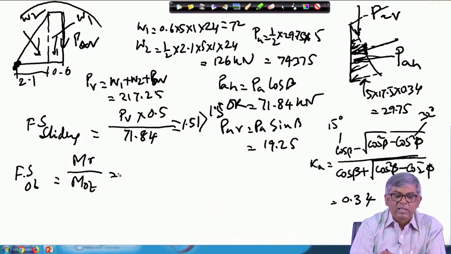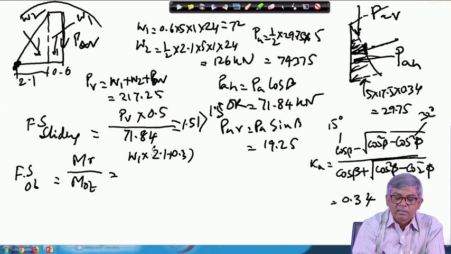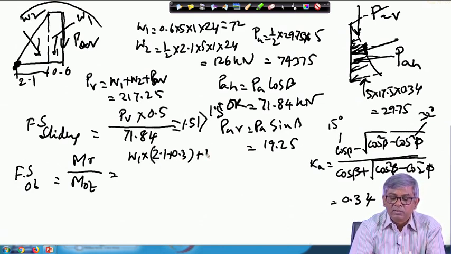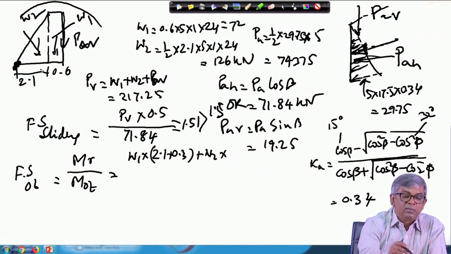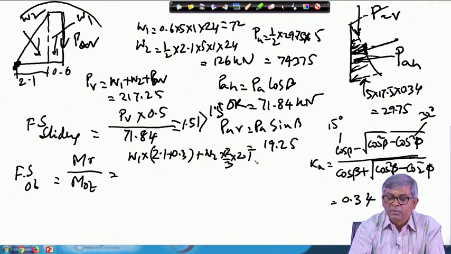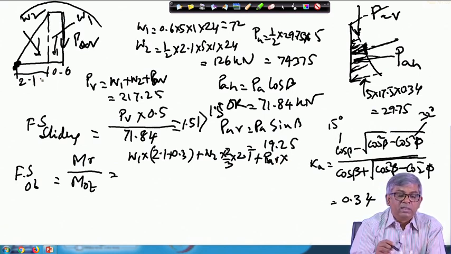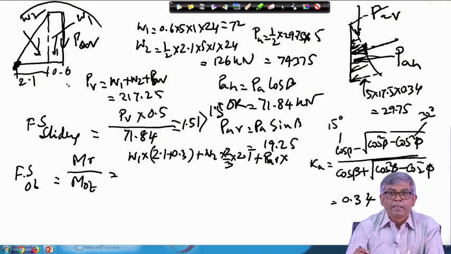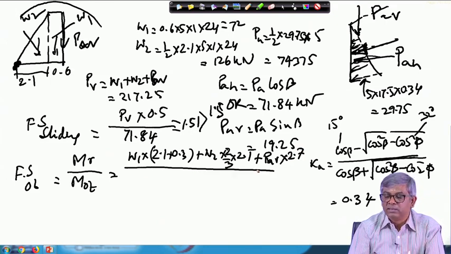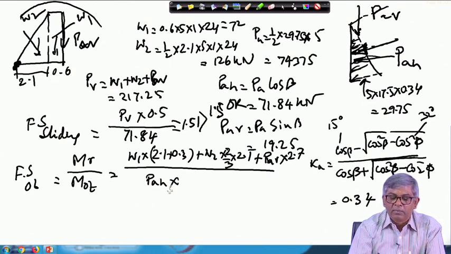MR will be W1 multiplied by its distance from here, 2.1 plus 0.3, plus W2 multiplied by 2/3 of 2.1, plus PAV multiplied by its distance, which is 2.7. This is divided by the overturning moment, which is PAH multiplied by a distance of 1/3 of 5.